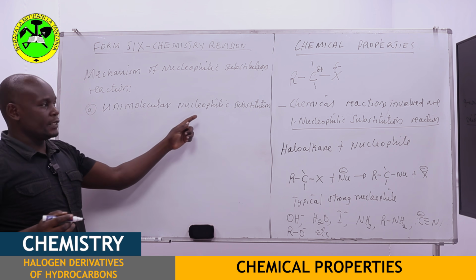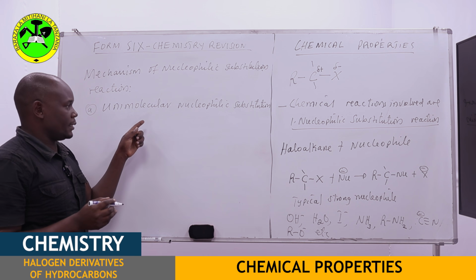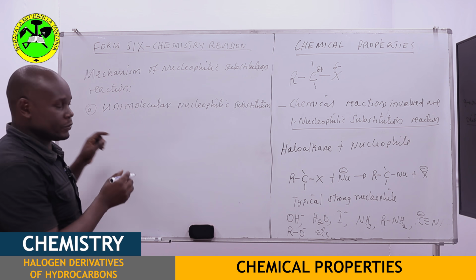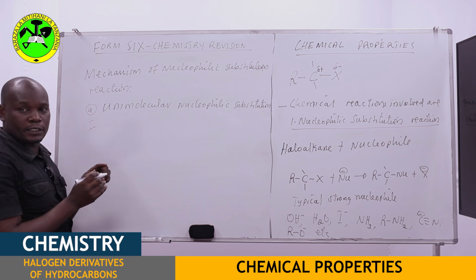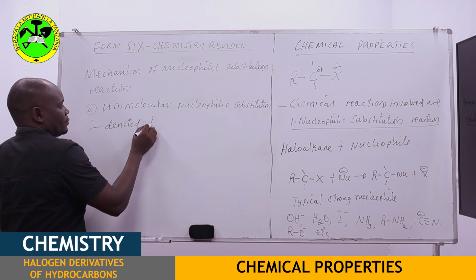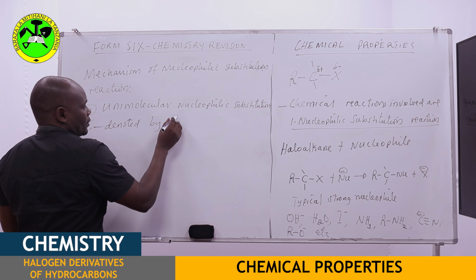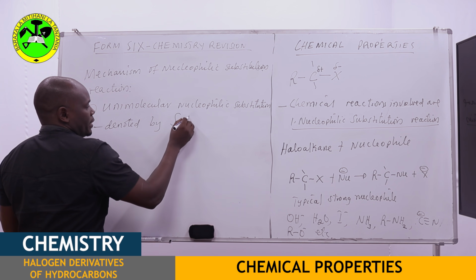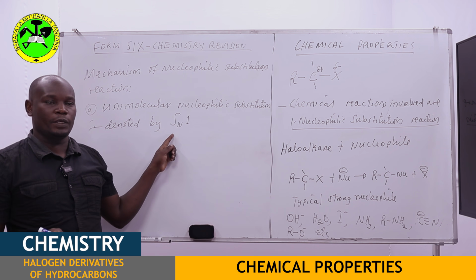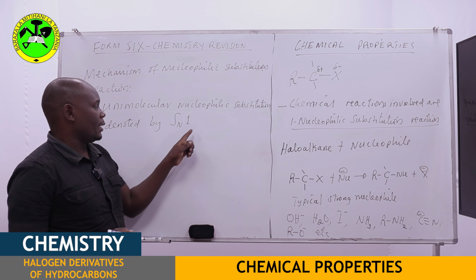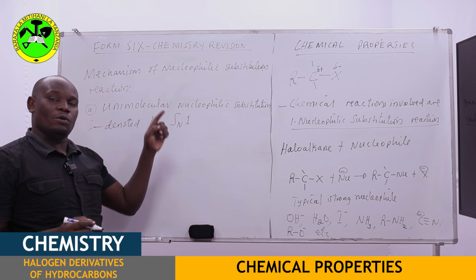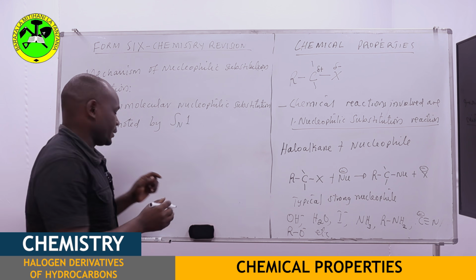Unimolecular nucleophilic substitution reaction is also sometimes called first order nucleophilic substitution reaction, and it is denoted by capital letter S sub N 1. This stands for first order nucleophilic substitution reaction, and this reaction involves the concentration of only one reactant.